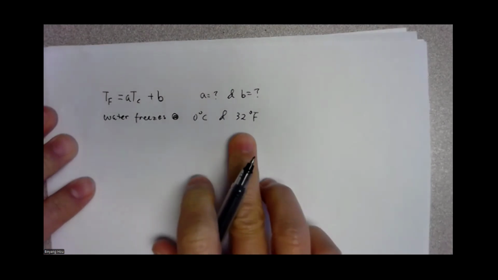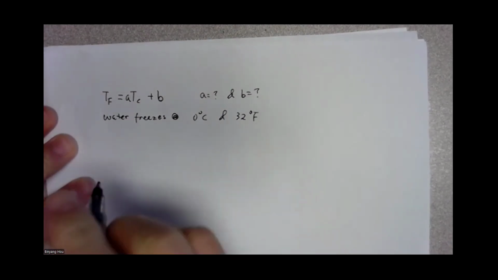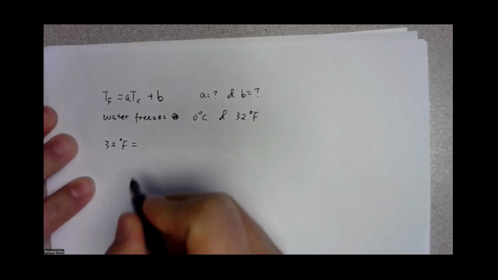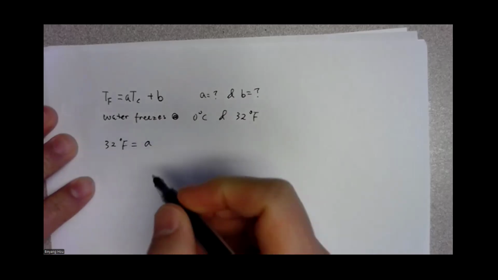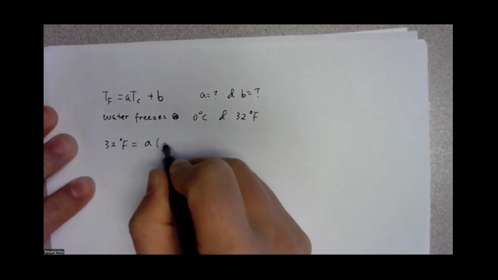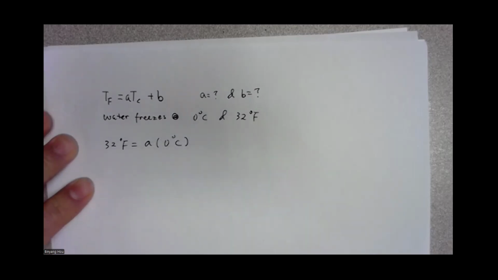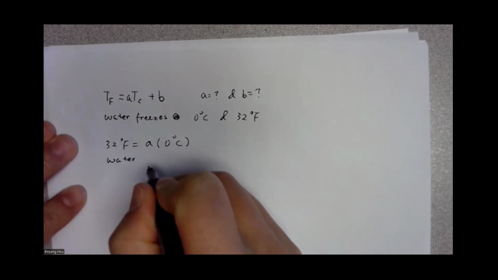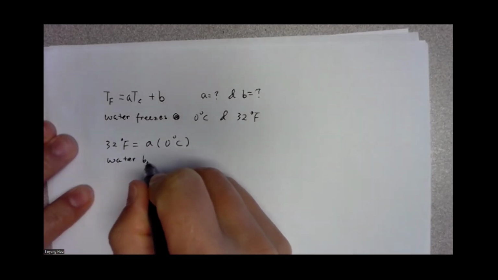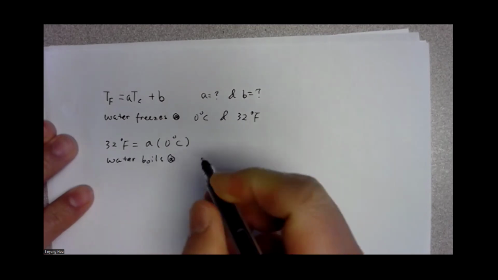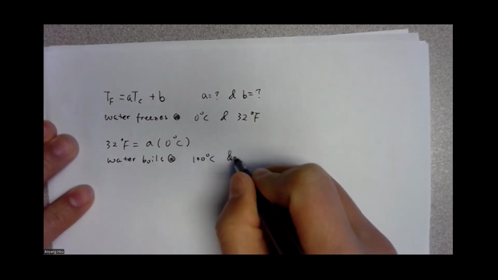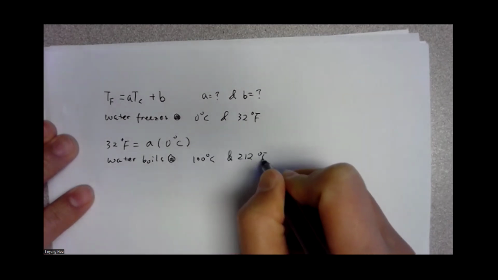So we know 32 degrees Fahrenheit is equal to A times 0 degrees Celsius, okay? And then the second reference would be the boiling point. So water boils at 100 degrees Celsius and 212 degrees Fahrenheit.